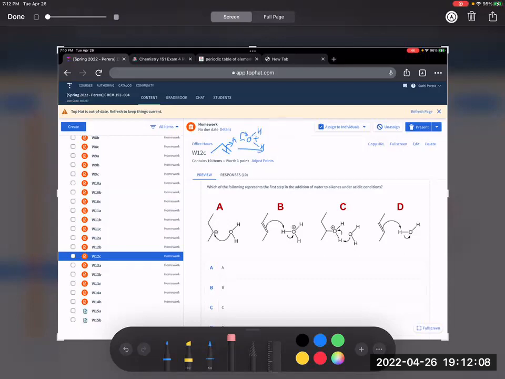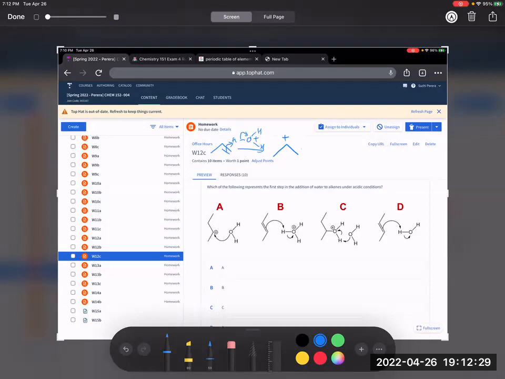And then you're going to get this carbocation, right? Because the carbon double bond breaks towards the terminal carbon. As a result of that, you're going to have electron deficient carbon in the center as the most stable carbocation.